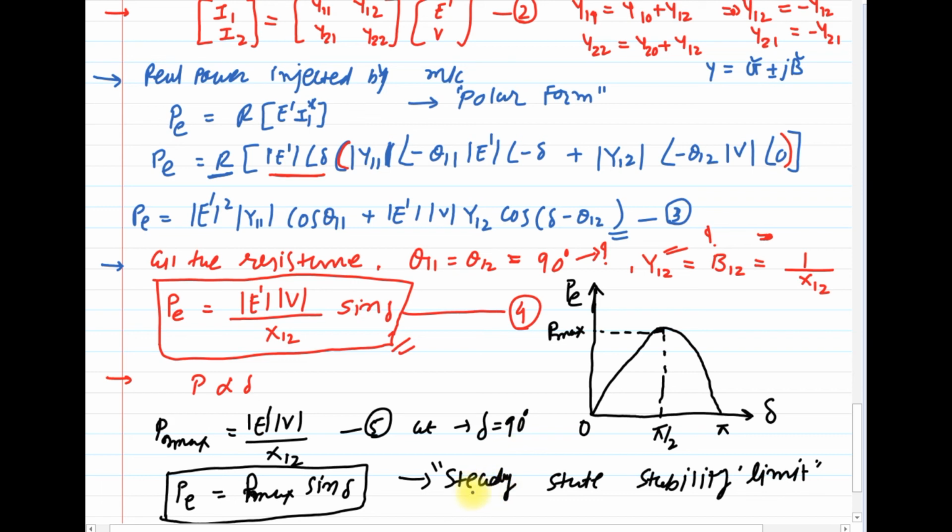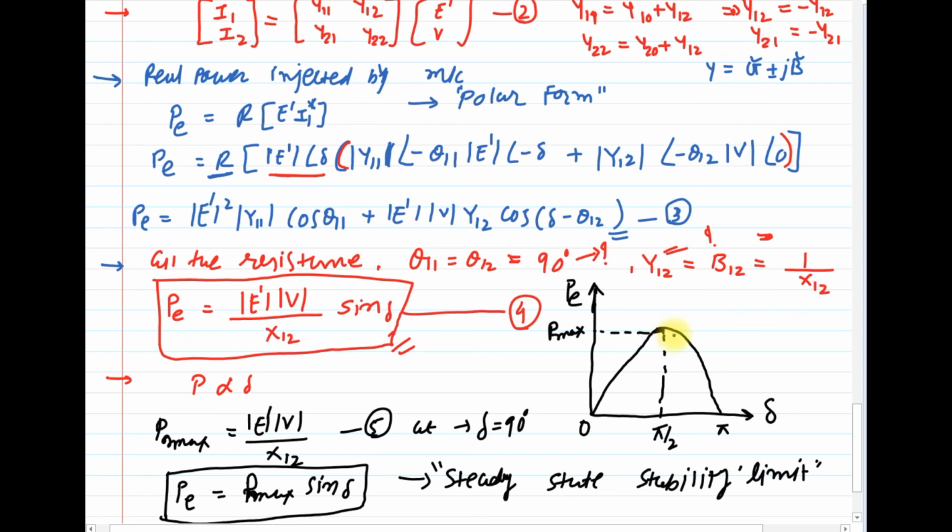Clear? So at delta equal to 90 degrees, this condition is known as the steady state stability limit for the synchronous machine. That means at 90 degrees you will get the maximum power, and beyond that you will not, and in many cases you will lose synchronism.